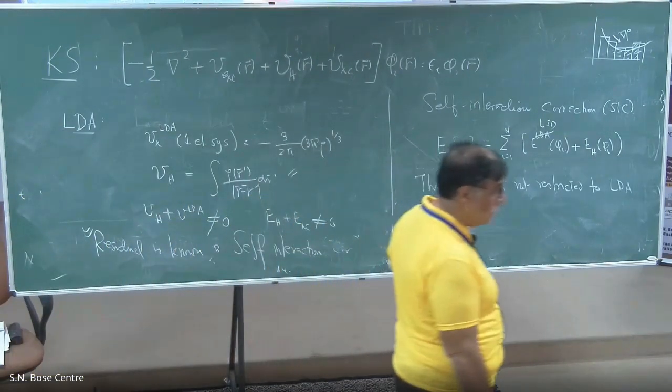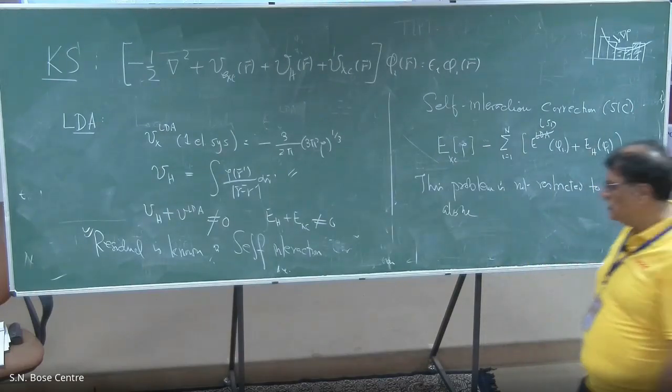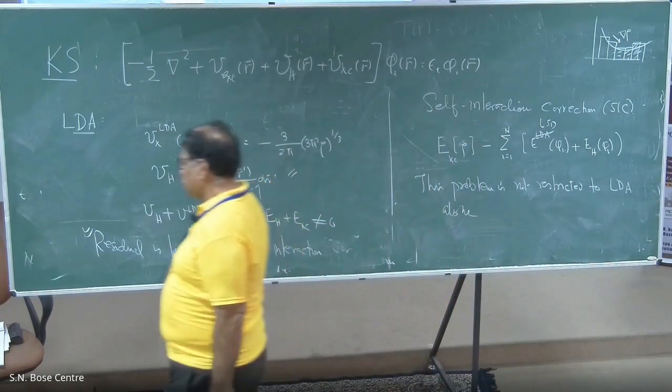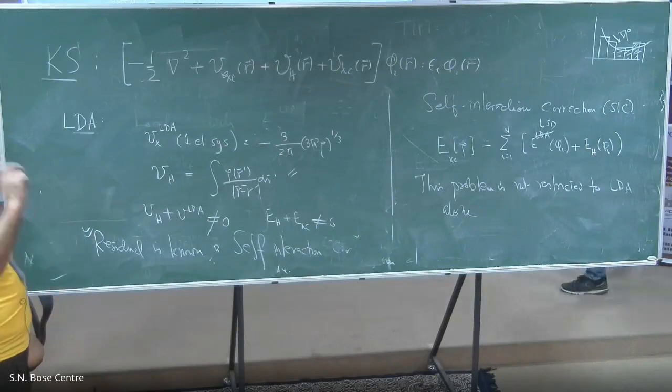It's a correlated system. How can you make this done? So in developing the functionals, this is what you do. You are making functionals for non-interacting systems, right? You have finite energy.